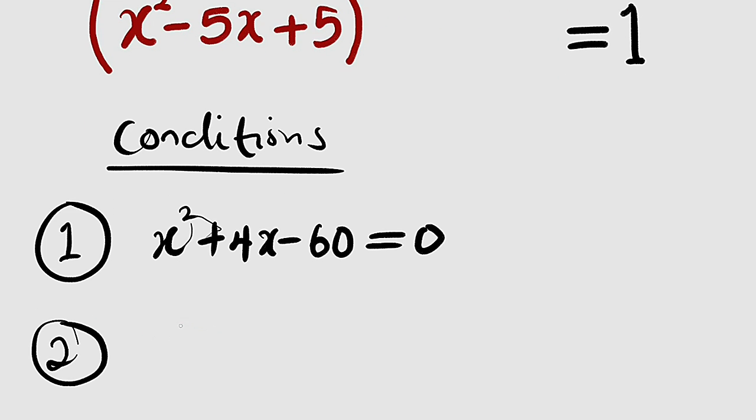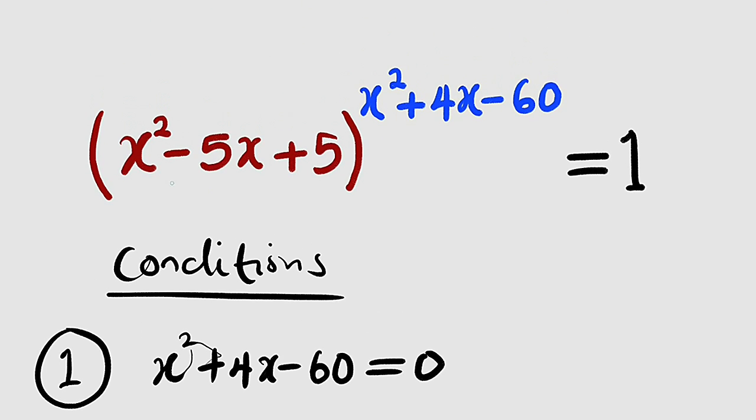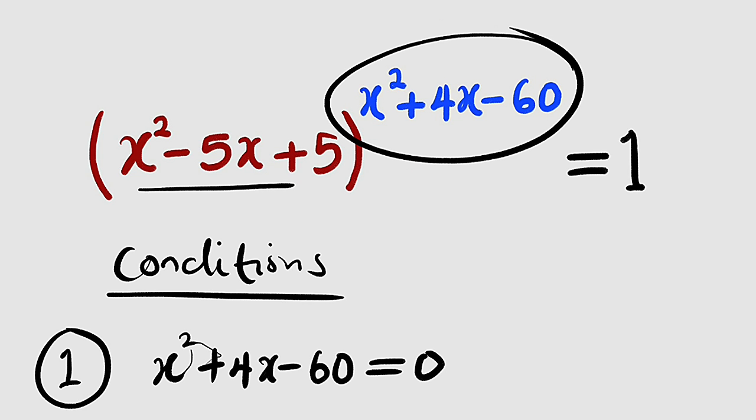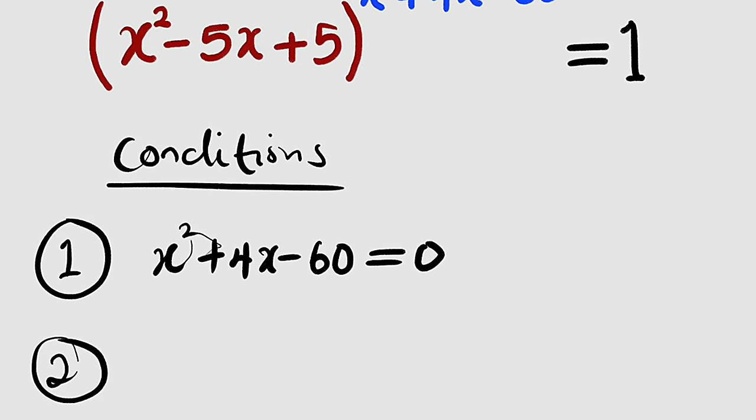Then the second condition, if the base is equal to 1, 1 to the power of whatever will give us 1, right? So if x squared minus 5x plus 5 is equal to 1. If this statement is true, then the right hand side is also true.